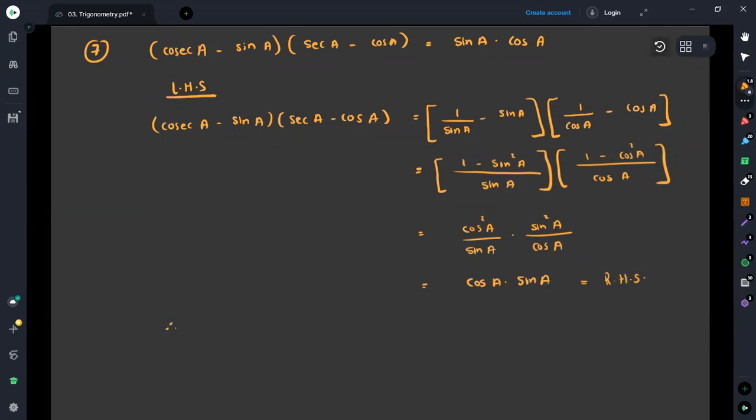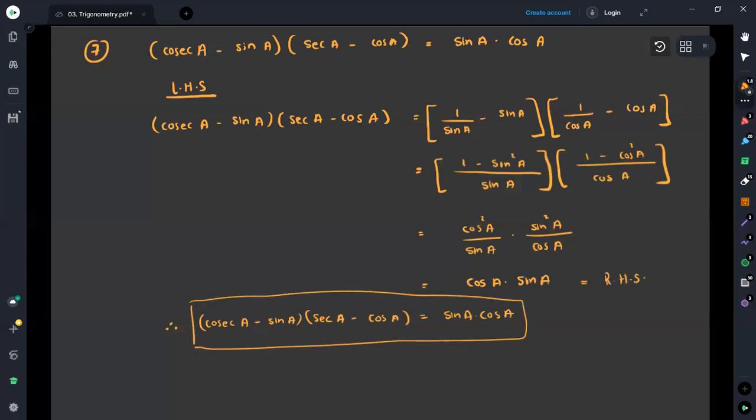Therefore, we can say that cosec A minus sine A times sec A minus cos A equals to sine A times cosine A. Therefore, we can have this quantity for the seventh one for the proof of the trigonometric identity.